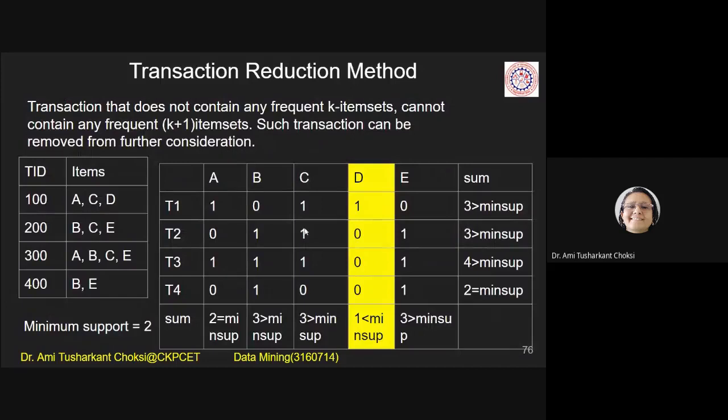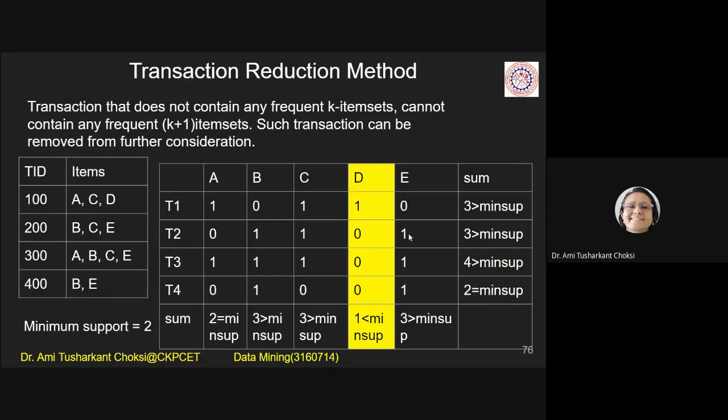Then what about D? Is D available here for transaction 2? No, it is not available. So we'll put 0 for that. For E, we'll put 1, right? Because it is available here.